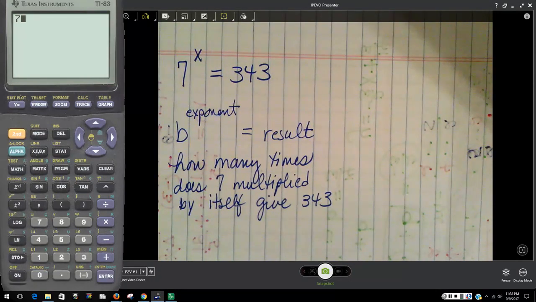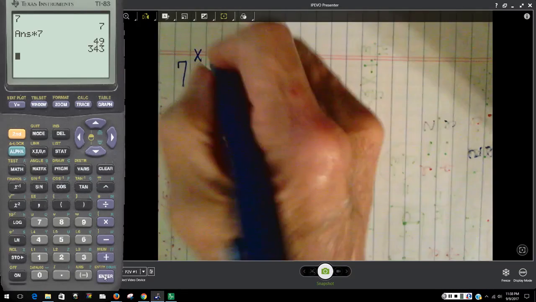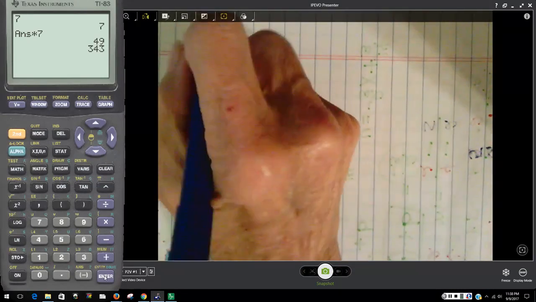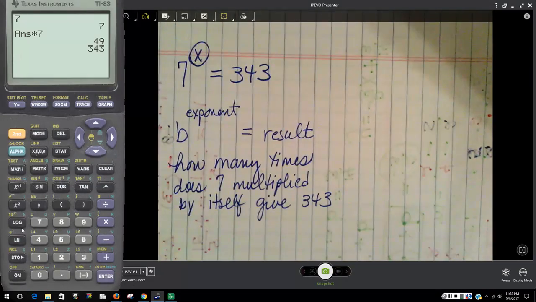7 to the first power is 7. Times itself a second time is 49. 3 7s makes 343. So that means that the power I'm looking for here, 7 to the third power, is 343.